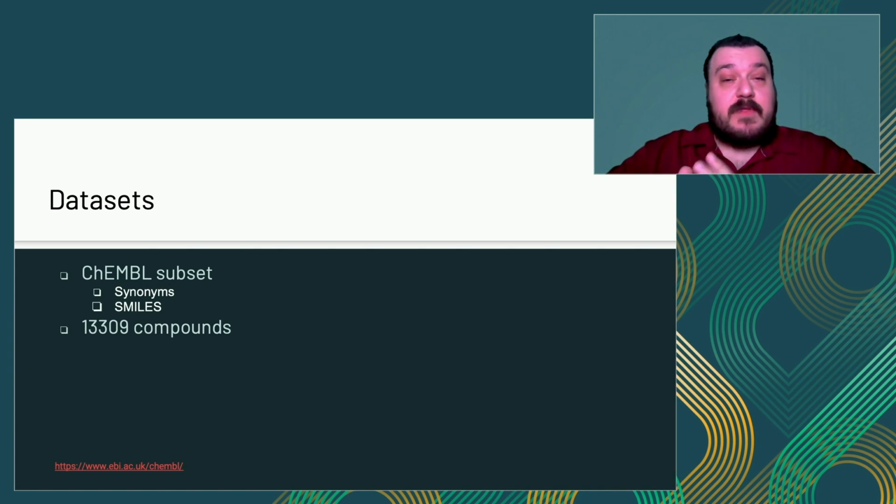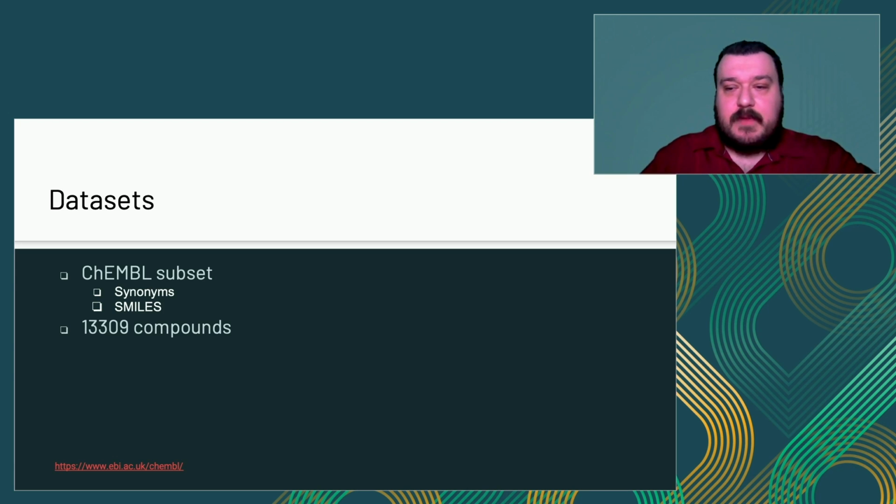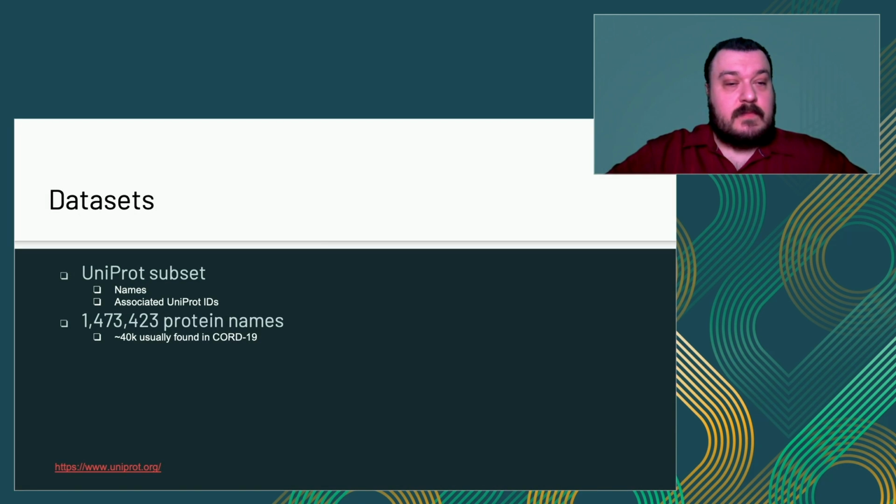The compounds, the chemicals that we have, are from ChEMBL, where we have about 13,000 compounds here. We have synonyms, so they're IUPAC names, as well as any synonyms available, as well as their SMILES strings. For proteins, we use UniProt, and there's a subset that we have downloaded.